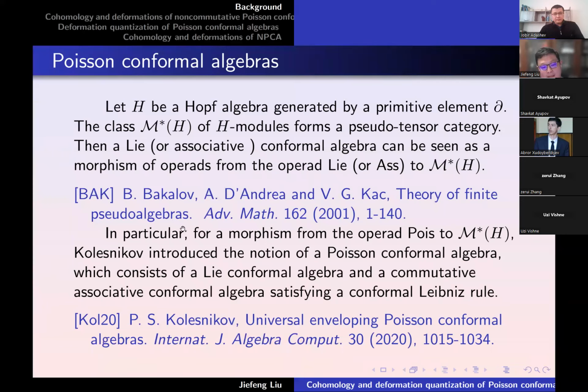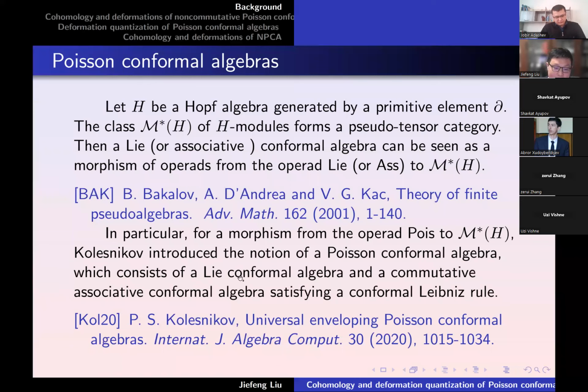In particular, for morphism from the operad Poisson to M-star H, Kolesnikov introduced the notion of a Poisson conformal algebra, which consists of a Lie conformal algebra and a commutative associative conformal algebra satisfying the conformal Leibniz rule, which is very similar to the Poisson vertex algebra.